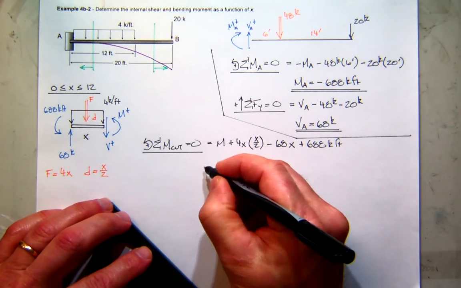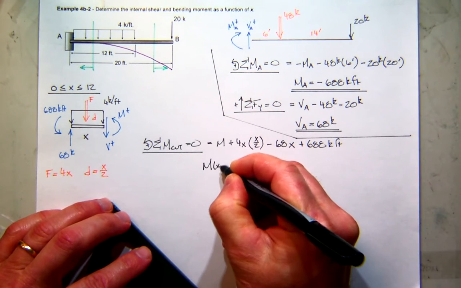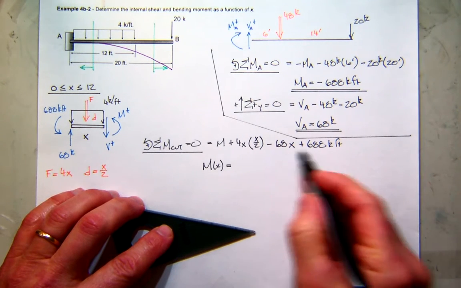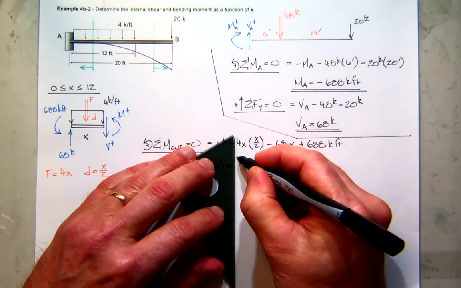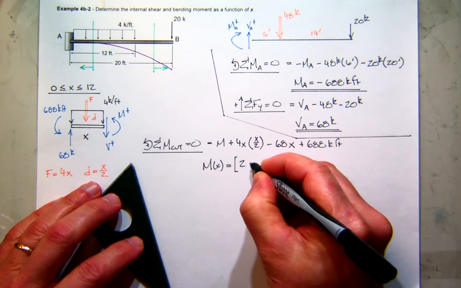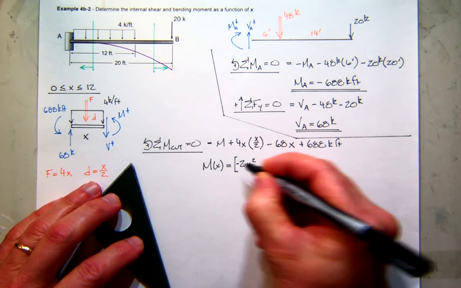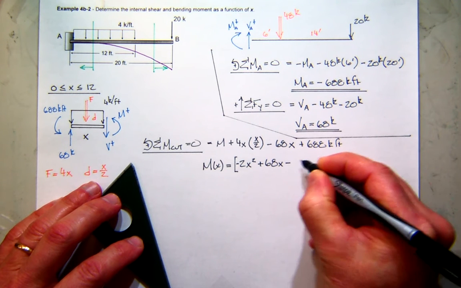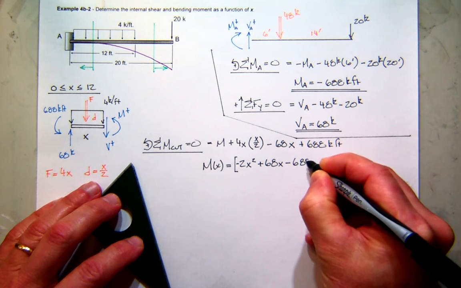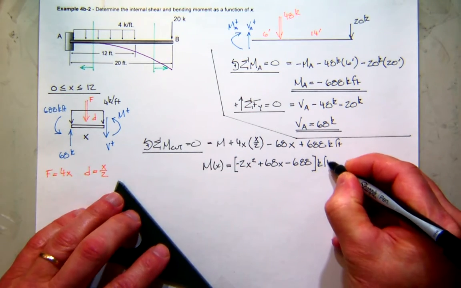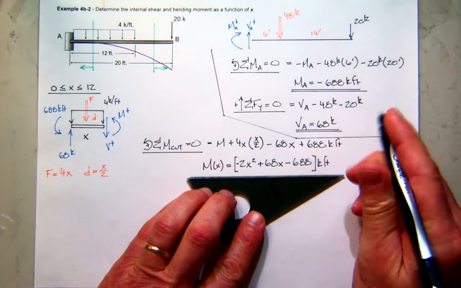So now I'll go back and solve for my moment. It's going to be a function of x, and positive, I just put everything on the other side of the equation. So I got 4x times x over 2, that's 2x squared, minus 68x plus 688. And all those terms will have the units of kip feet. So there's my moment.